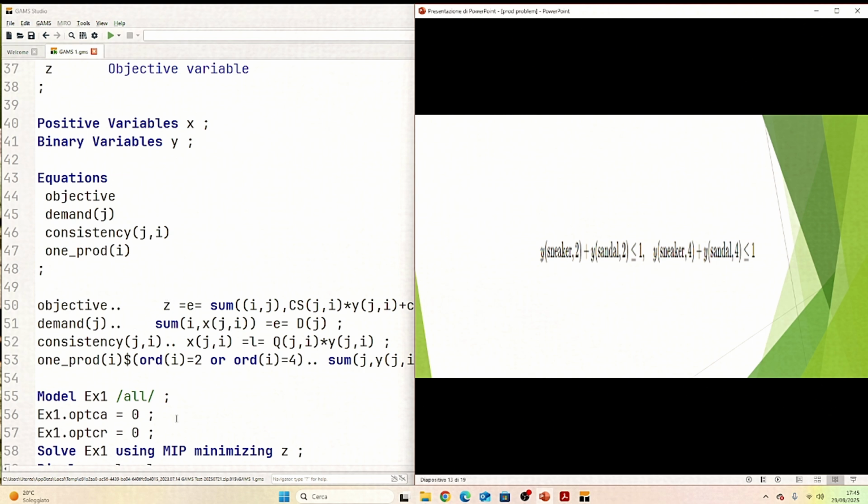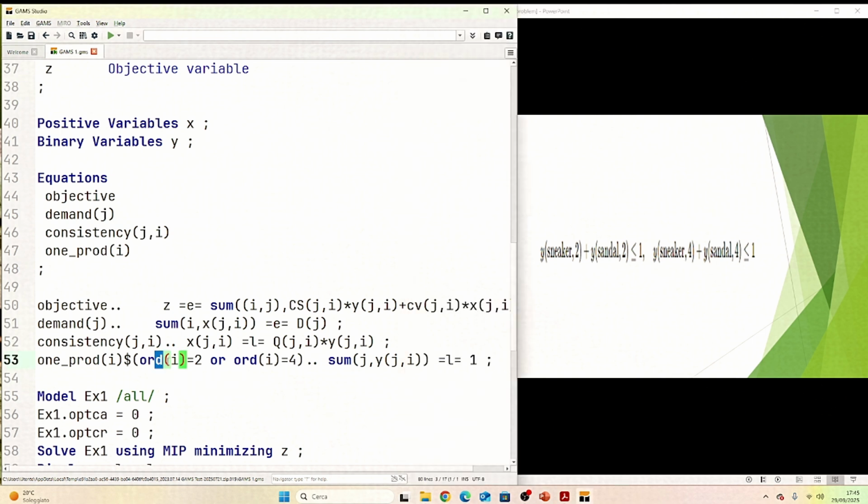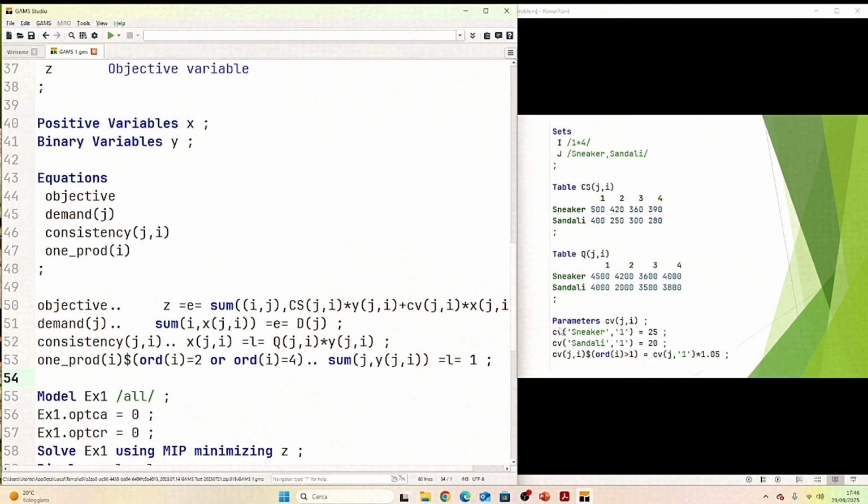This is the condition for plant 2 and plant 4, where the sum of the products produced inside the plants must be less than or equal to 1. So the maximum amount that must be produced is 1. And essentially, here is a recap of the model that we have built together with everything that we have done.